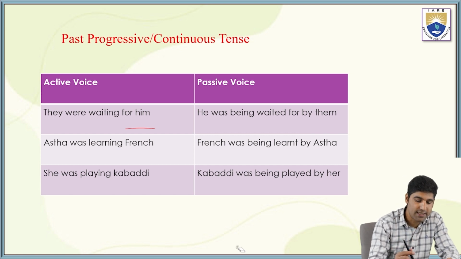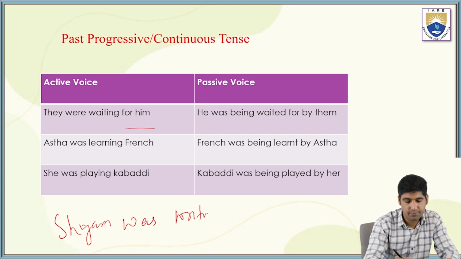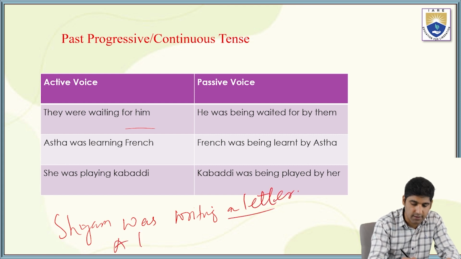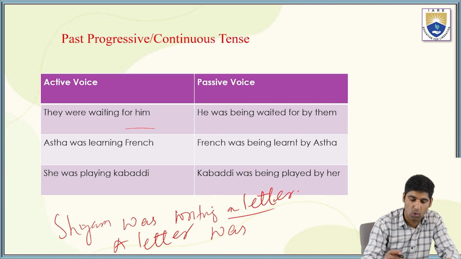Then I'll tell you one sentence. Shyam was writing a letter. So a letter will be the subject. A letter was. Why was? Because letter is singular, was.